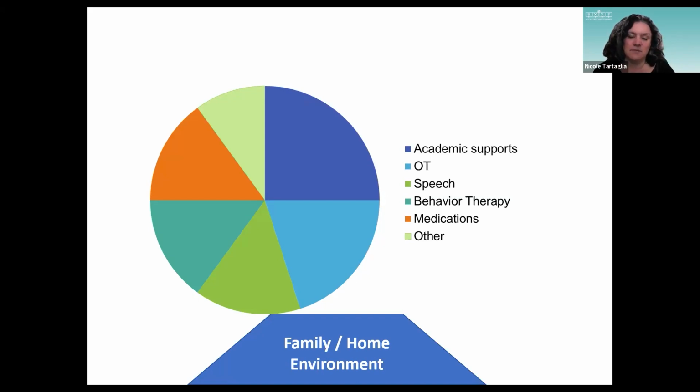And so we think about the individual child, and then we think about how we have to have good support at home, good mental health and support for parents in terms of challenges that they're facing. And especially if there's more than one environment that the child lives in, making sure that those environments are coordinated so that the treatments can be applied and helping in the most positive way.